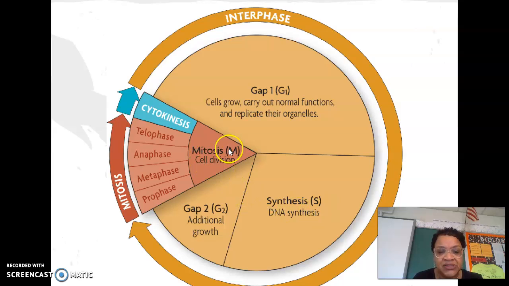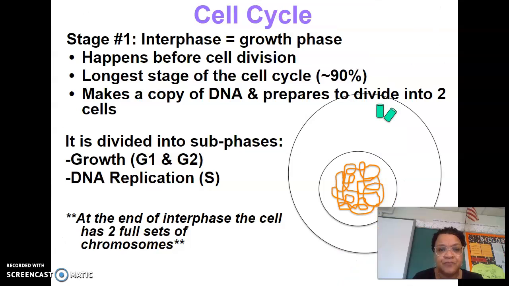Then you have mitosis. Mitosis has 4 subphases: prophase, metaphase, anaphase, and telophase. And lastly, cytokinesis. That's when the cytoplasm splits. That's the last phase of the cell cycle. Pause this video if you need to, but I want you to draw this figure in your notes.